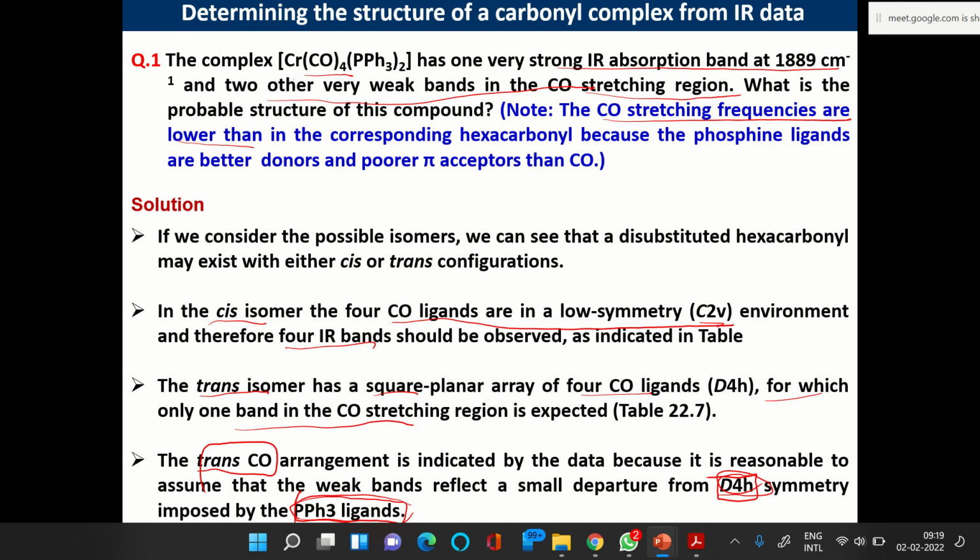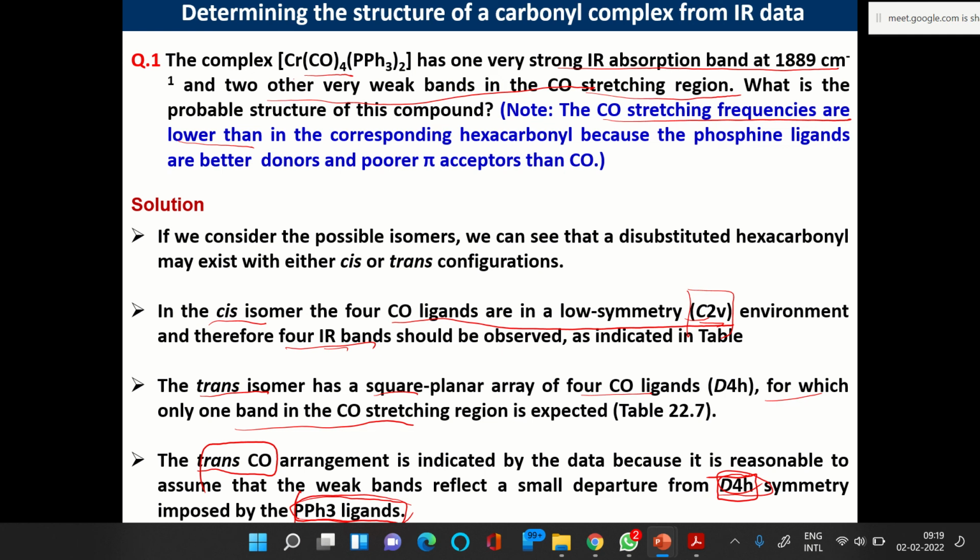That makes the analysis a little bit difficult, but you can see that it is clearly not fitting into C2V. You are not observing four bands; you are observing one strong and two very weak bands. The appearance of weak bands is due to the PPh3 ligand, which is very bulky, with three aromatic rings around it.